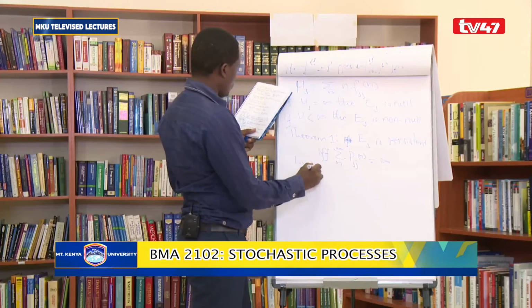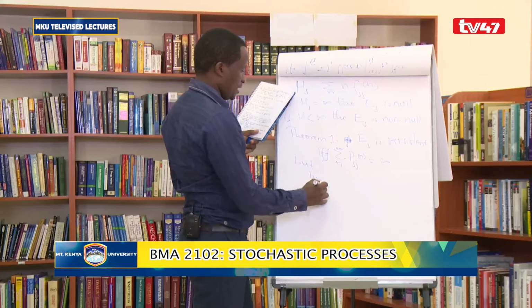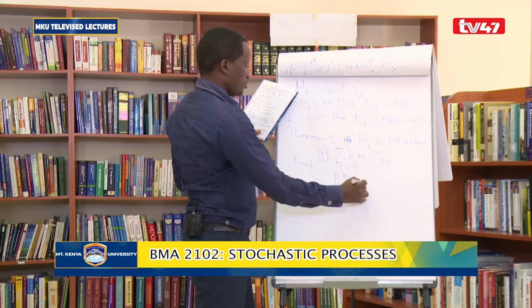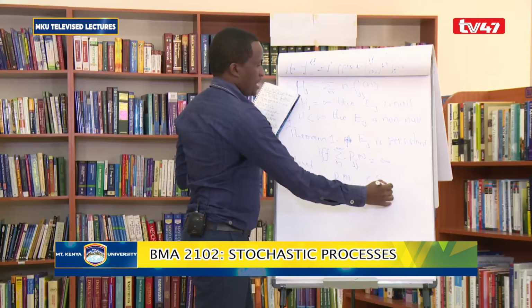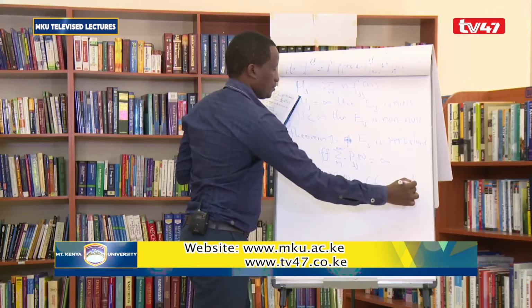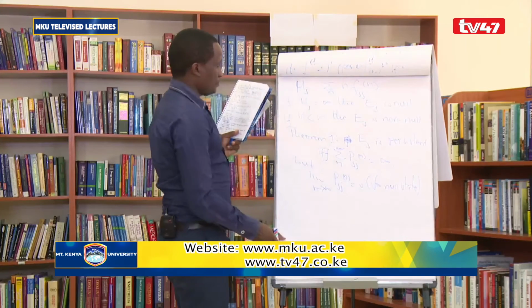But we should note that the limit as n tends to infinity of p_jj^(n) is equal to 0 for a null state. Theorem 2.